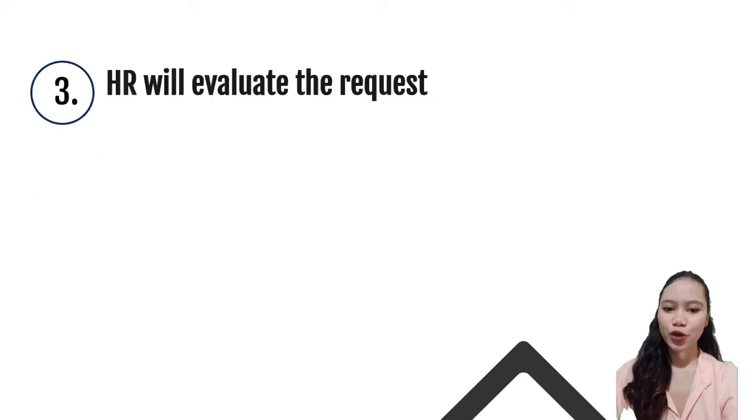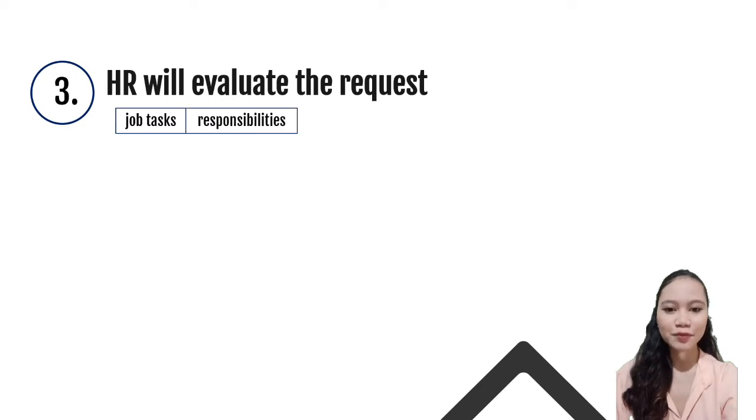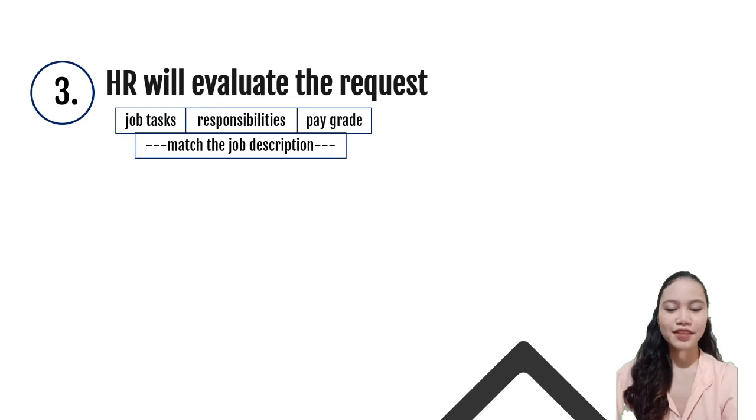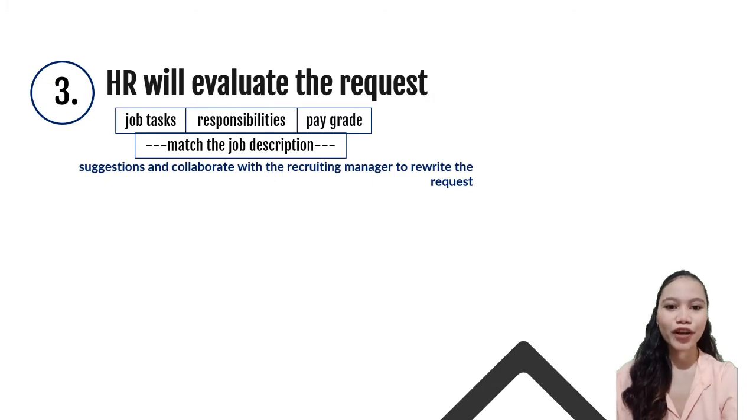Third, HR will evaluate the request to verify that job tasks, responsibilities, and pay grade match the job description. If modifications are required, HR will make suggestions and collaborate with the hiring manager to rewrite the request. A second round of approval signatures will be necessary if significant modifications are made.